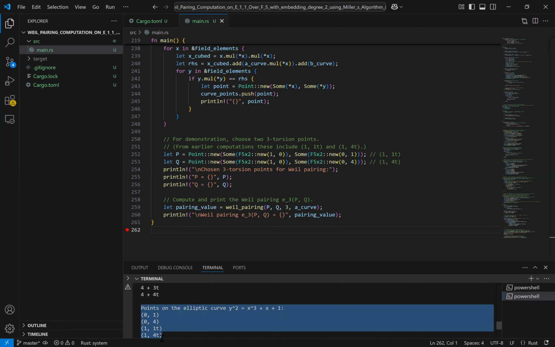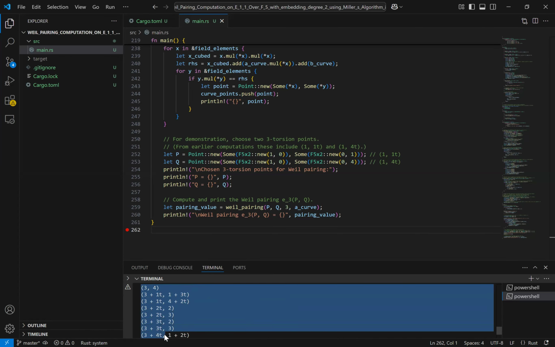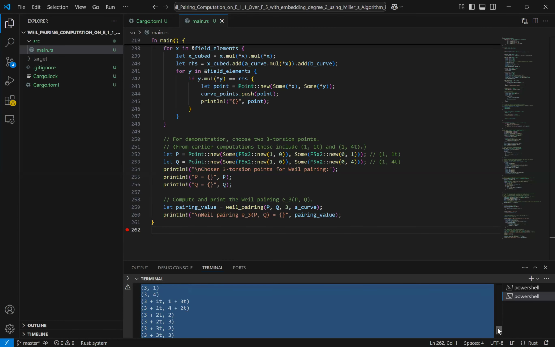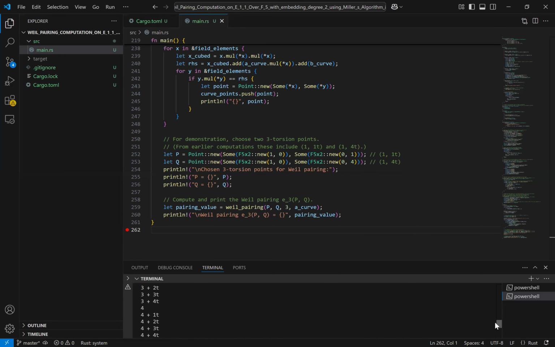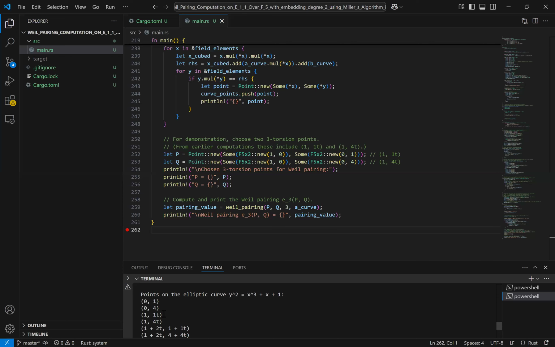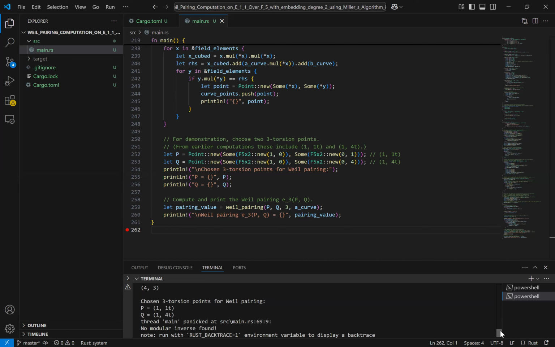But my main reason for doing it was to assist me in doing Weil pairing. On this elliptic curve, I had chosen this point, and I had chosen this point. I had chosen these 2 points. So that's why it's telling me that the chosen 3 torsion points are these 2.